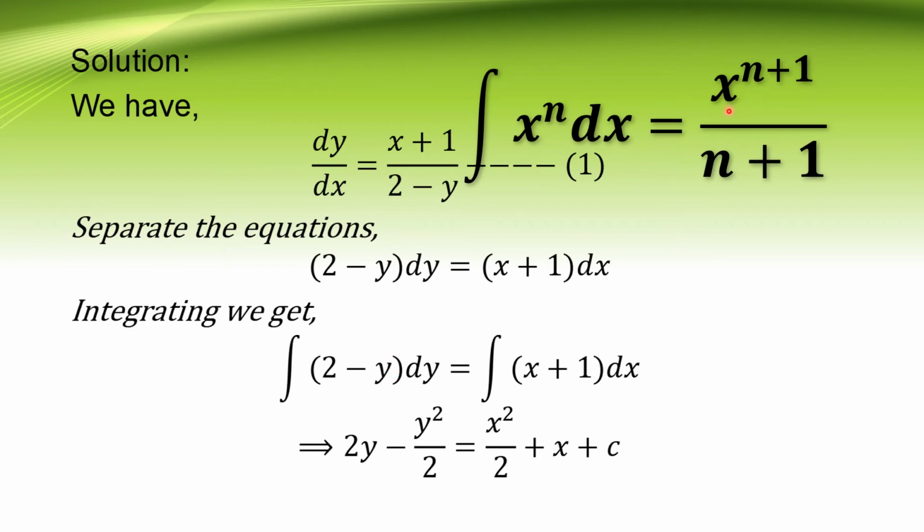By replacing x as y and n as 1, we get y power 1 plus 1 by 1 plus 1, that is y squared by 2. So we have got 2y minus y squared by 2 on the left side. On repeating the same formula for the right side, we get x squared by 2 plus x, and additionally we are adding a constant c. Why we are adding constant c here: in integration we cannot find the exact value, so that's why we are adding a constant c.